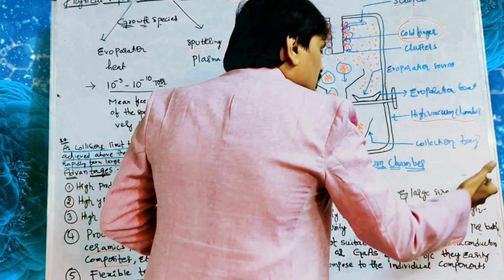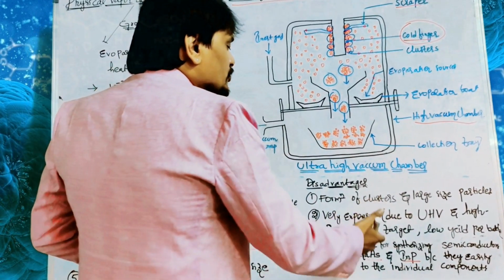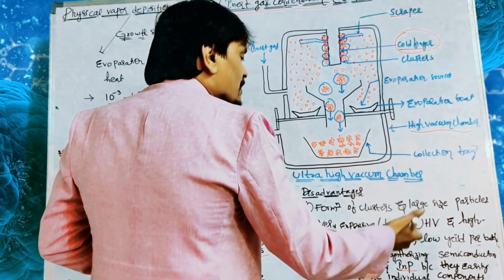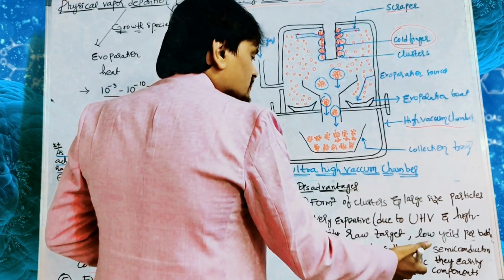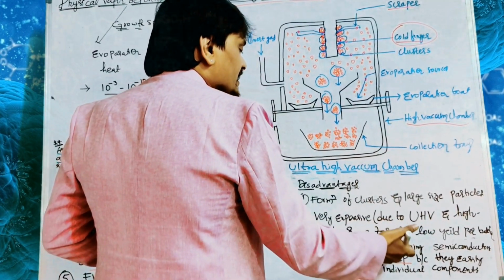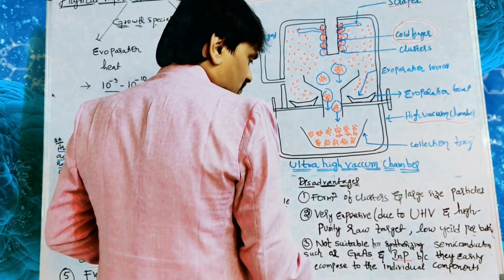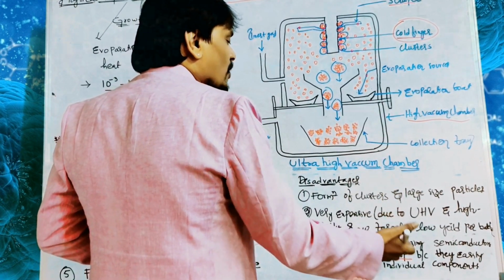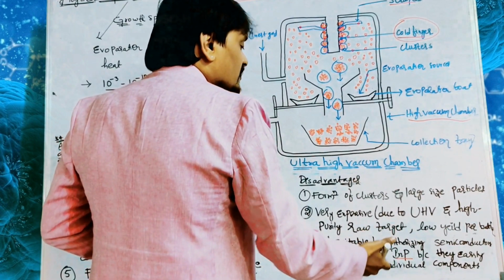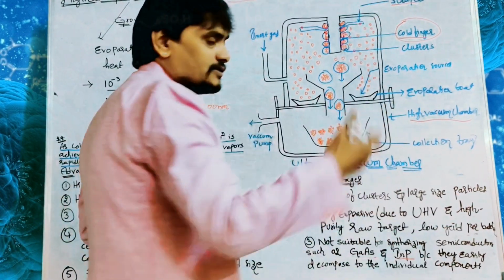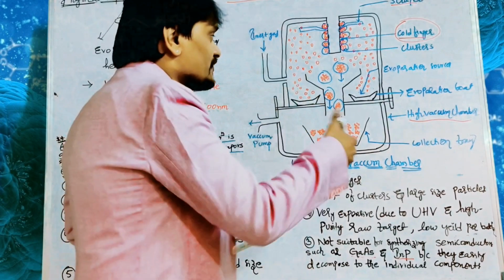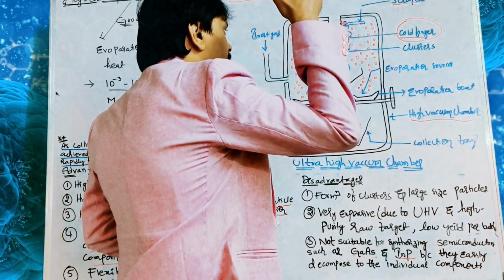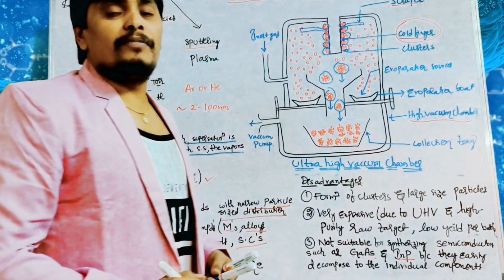So there is low yield per batch, and it is not suitable for synthesizing gallium arsenide and indium phosphide, because gallium arsenide and indium phosphide are semiconductors. These cannot be synthesized making use of this inert gas condensation because they easily decompose into the individual components under the conditions which are maintained in the inert gas condensation process, which is physical vapor deposition.